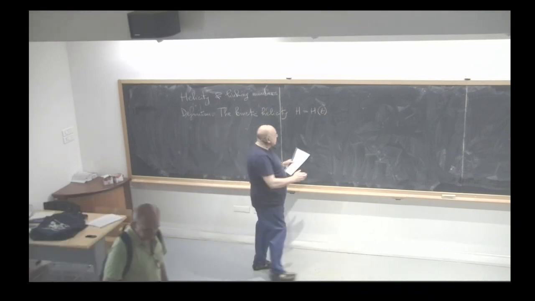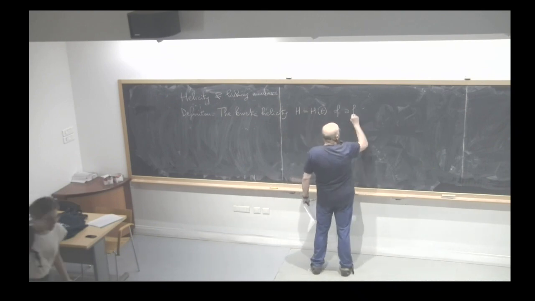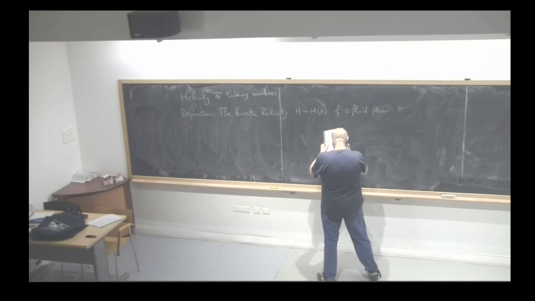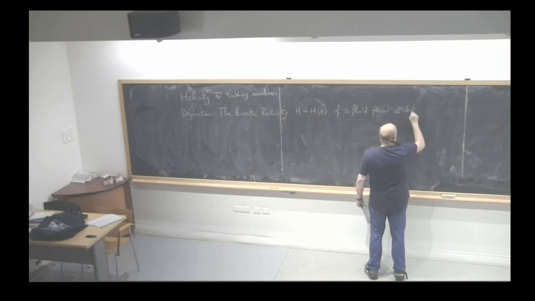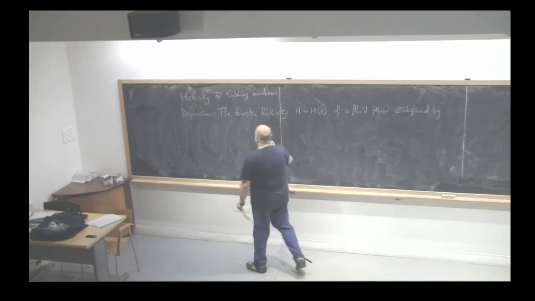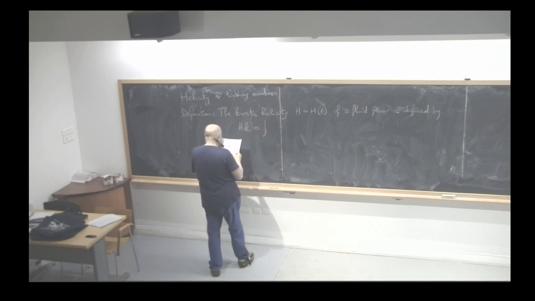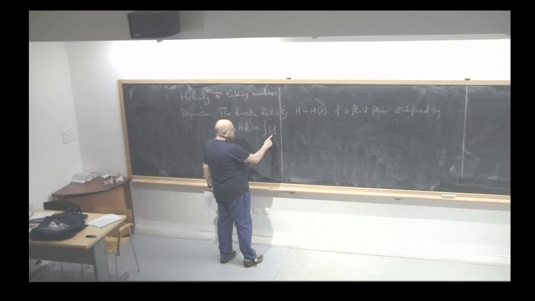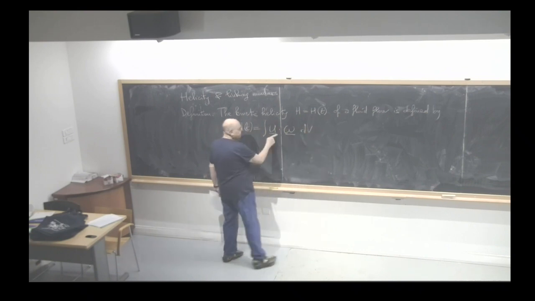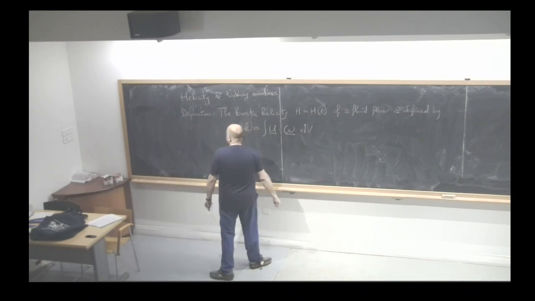But anyway, in general, H of t of a fluid flow is defined by an integral, H(t) given by the integral of u, the velocity field, dot omega, in the volume V. Of course, if omega is 0, then evidently this is 0.